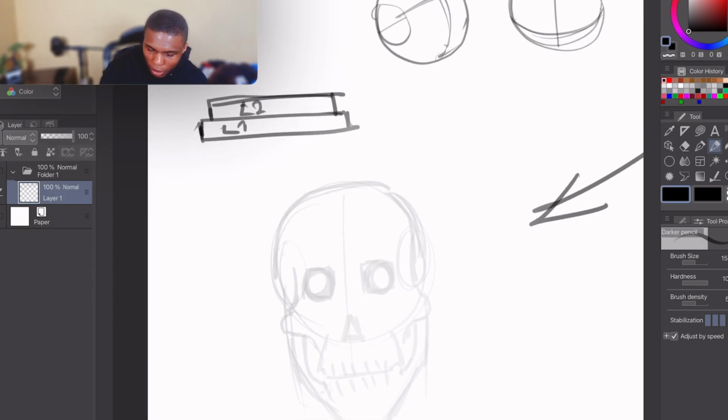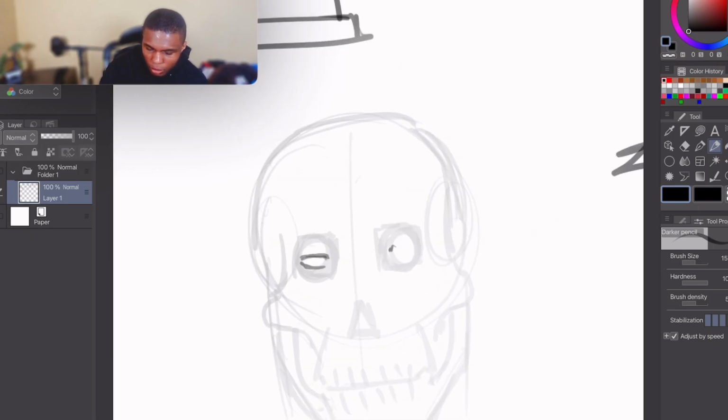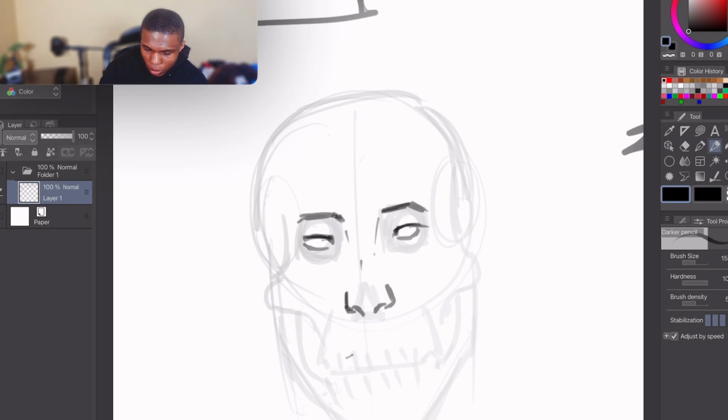I can then apply the eye, my eyebrow. I can do the nose of the character. I can do the mouth of the character very easily.